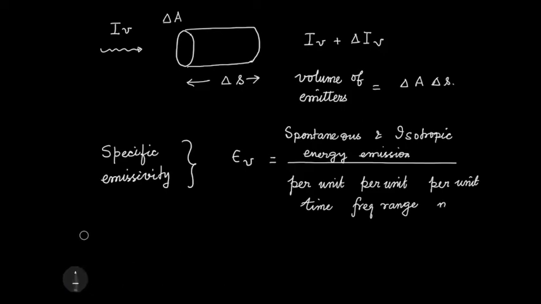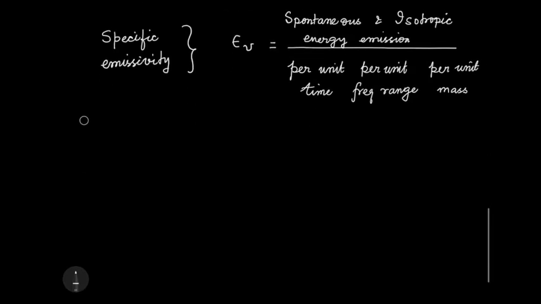So per unit mass, this much emission has happened per unit mass of the atomic emitter.